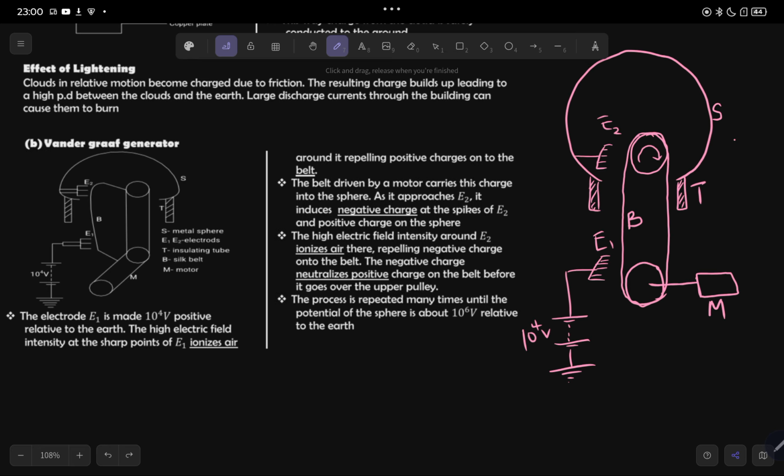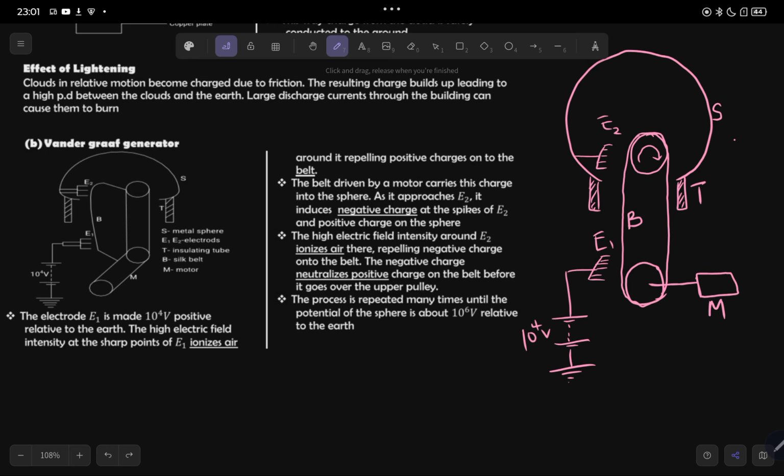Now, when this happens, remember, now we have positive ions on the spikes of E1. The air has been broken down into positive and negative ions. Now, these ions which have been formed around electrode E1, the positives are repelled or pushed away by electrode E1 onto the belt.